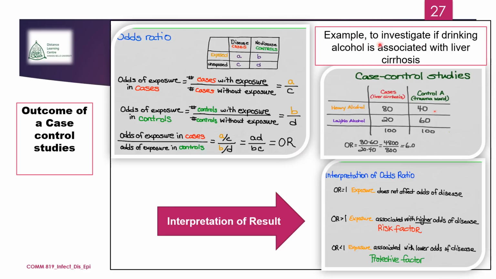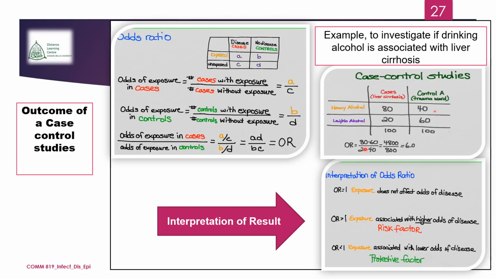Okay, then this is a hypothetical example. We want to investigate if drinking alcohol is associated with liver cirrhosis. For your study population, you have your cases, people that have developed liver cirrhosis, then your controls, people under hospital care for trauma who do not have liver cirrhosis. The exposure, the risk factor, is heavy alcohol drinkers and low alcohol drinkers, to see whether heavy or low drinking is associated with the disease.